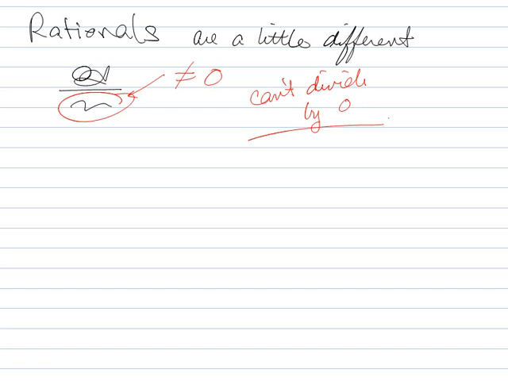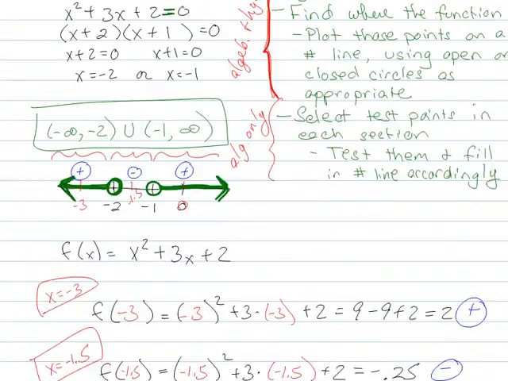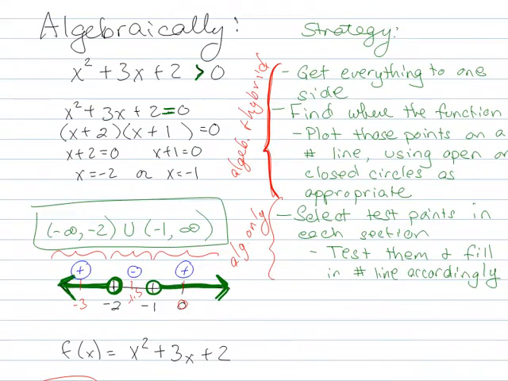Alright? So we're still going to solve these basically the same way, except I'm going to modify my strategy a little bit. See where it says find where the function is 0? I'm also going to say, or where the top is 0 and the bottom is 0.